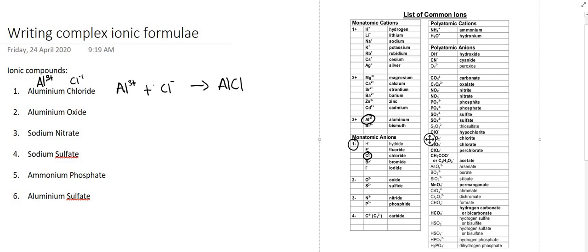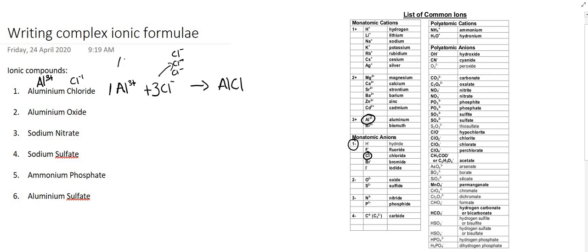So we're going to need to actually have 3 chloride ions bond with 1 aluminium. So this big 3 at the front just says that we need 3 of the chloride ions to bond with, we could even put a 1 here if we wanted, 1 aluminium. If we do that, I'll draw it up here for the first time, that 3 says we've got 1, 2, 3 chlorides.